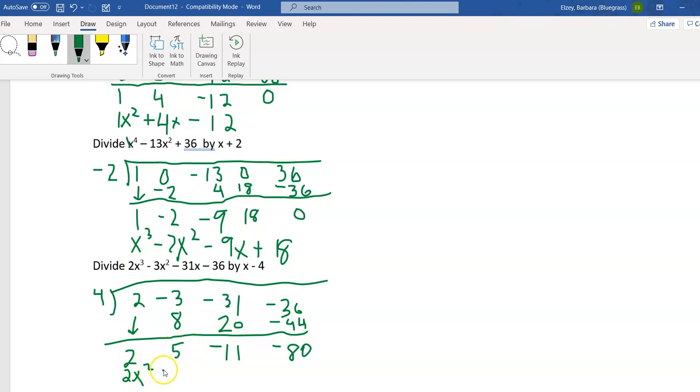And then 5x. And then negative 11. Now the remainder ends up going over the top of our divisor, in this case x minus 4. And there we have it.